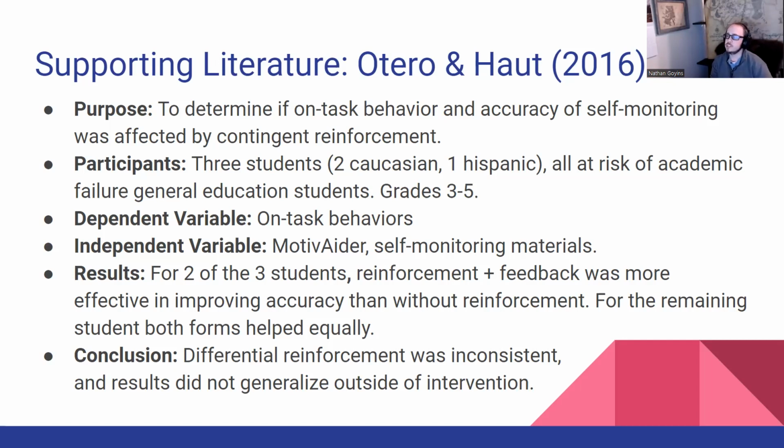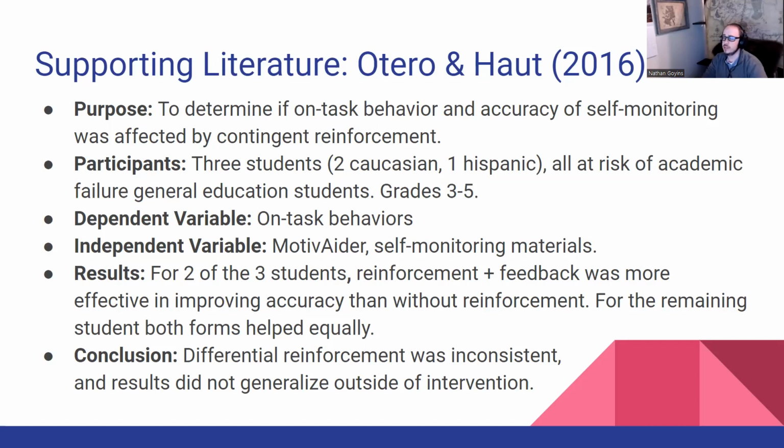Their participants were 3 students, 2 Caucasian and 1 Hispanic, and all were identified by their teachers as at risk of academic failure. There were multiple students offered up for this study, but they wanted specifically gen ed students in the elementary age range.